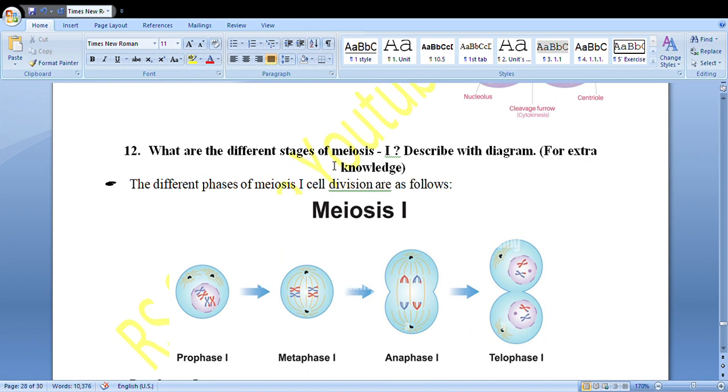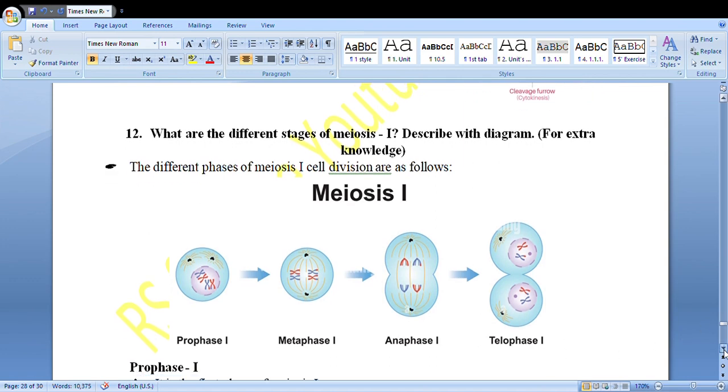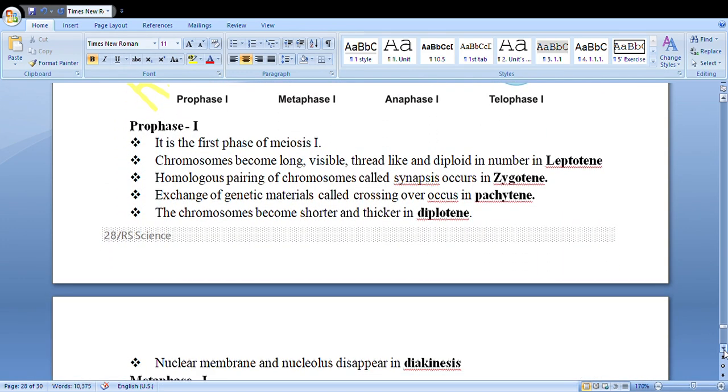What are the different stages of meiosis 1? Explain with diagram. This is also for extra knowledge. This is not given in detail in the book curriculum. The different phases of meiosis 1 are as follows: prophase 1, metaphase 1, anaphase 1, and telophase 1. Prophase 1 has the following characteristics.